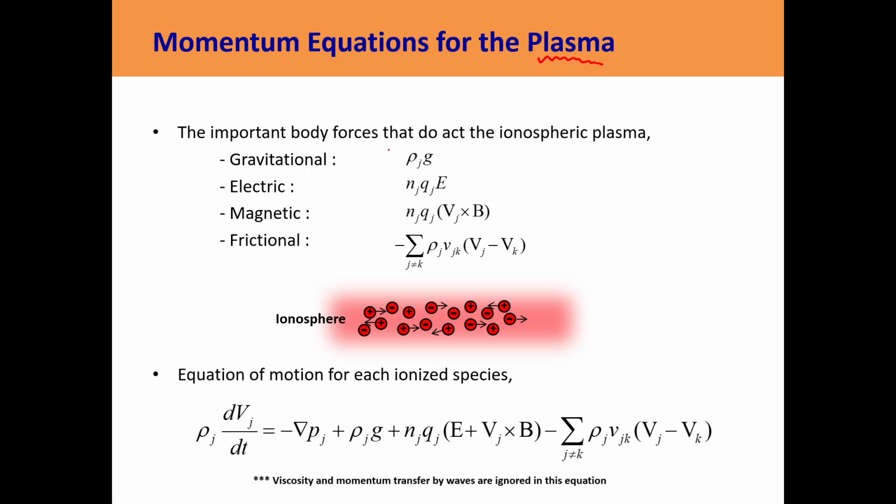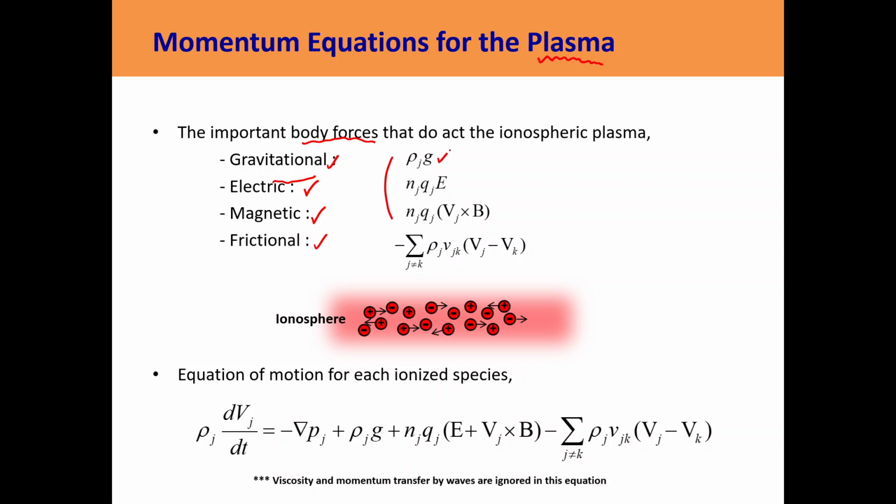Anyway, there are important forces that will act on your plasma or your ions. What are some forces that act on ions? Gravitational field, electric field, magnetic field, frictional force. These three are very common.